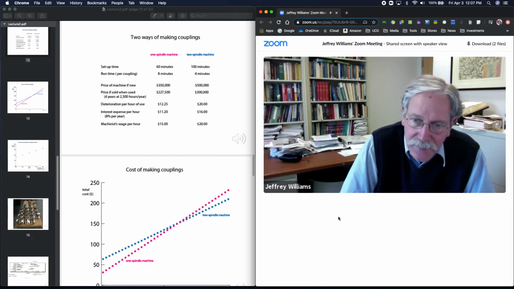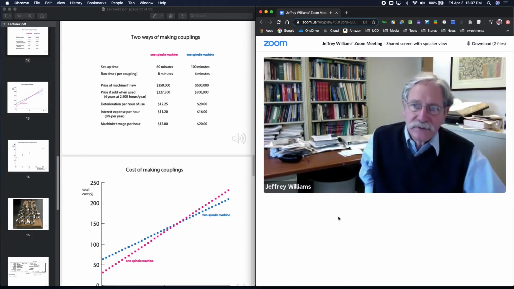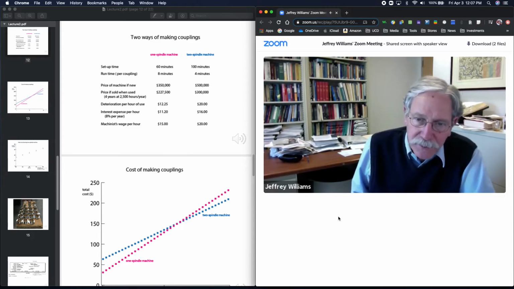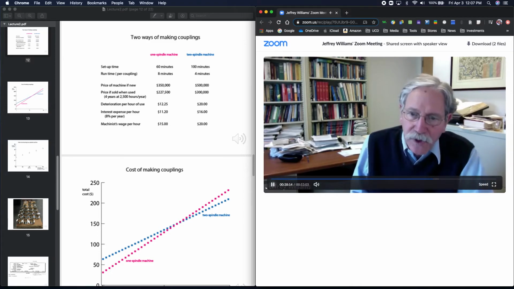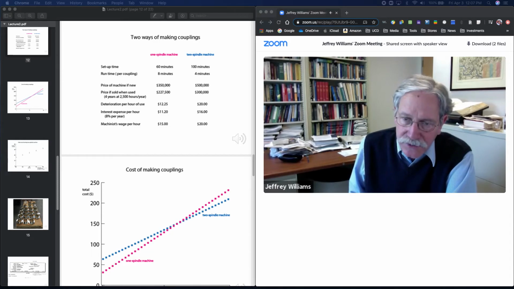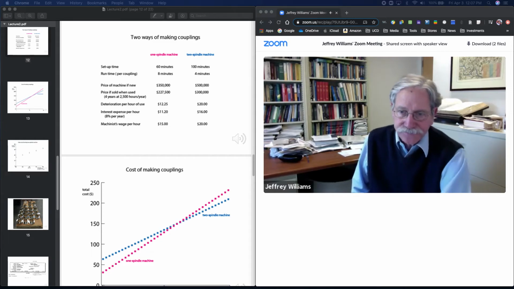We allocate the best allocation of the machines and the machinists across a number of parts, and probably more machines than I'm showing here. And we can deduce from that what was the shadow price of those particular activities, making those couplings on those machines. And the shadow price is the implicit value of those machines.